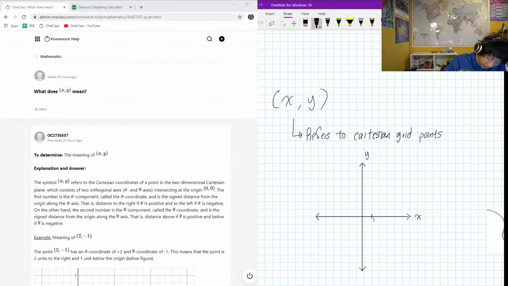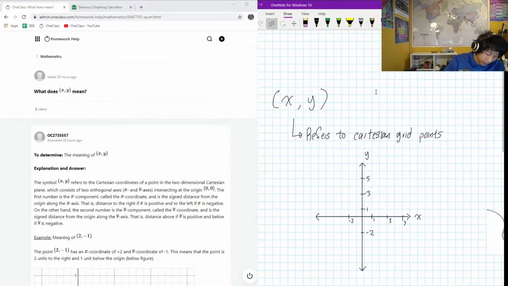You might have like 1, 3, 5, -2, you know, we have two perpendicular number lines essentially. So the x position here is just going to say where on the line you are.